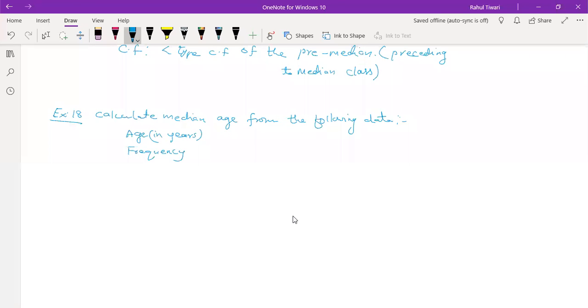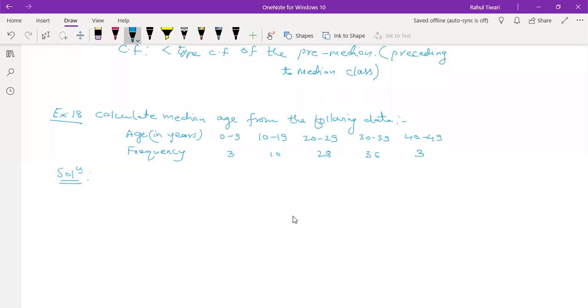It is 0 to 9, 10 to 19, 20 to 29, 30 to 39, 40 to 49. And the given frequencies are 3, 10, 28, 36, 3. So this is the data we have. We'll take the solution.